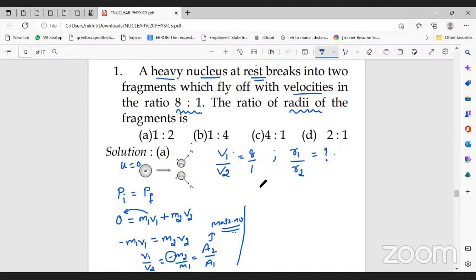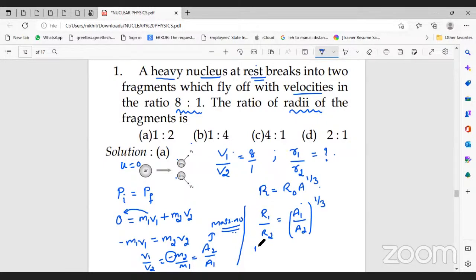Now, in the case of the properties of a nucleus, we have the formula for the radius of the nucleus, which is R equal to R0 into A power 1 by 3, isn't it? So what is R1 by R2, students? R0 by R0 is going to get cancelled out, so it will be A1 by A2 whole power 1 by 3.